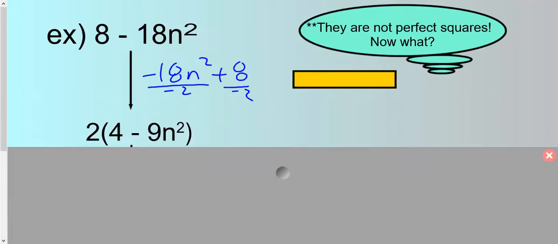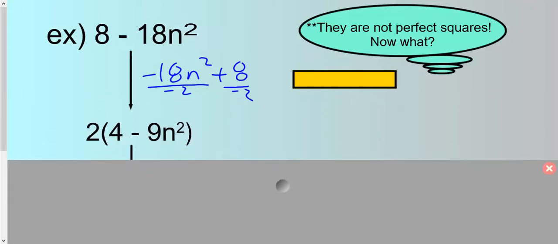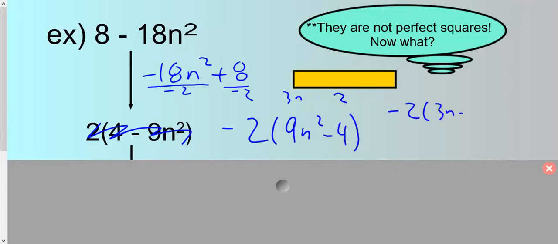I don't even like how this is. I would do what I did here. So you get negative 2, and then you end up with 9n squared minus 4. From here, the square root of that is 3n, the square root of that is 2. So it's negative 2, then 3n minus 2, and then 3n plus 2.